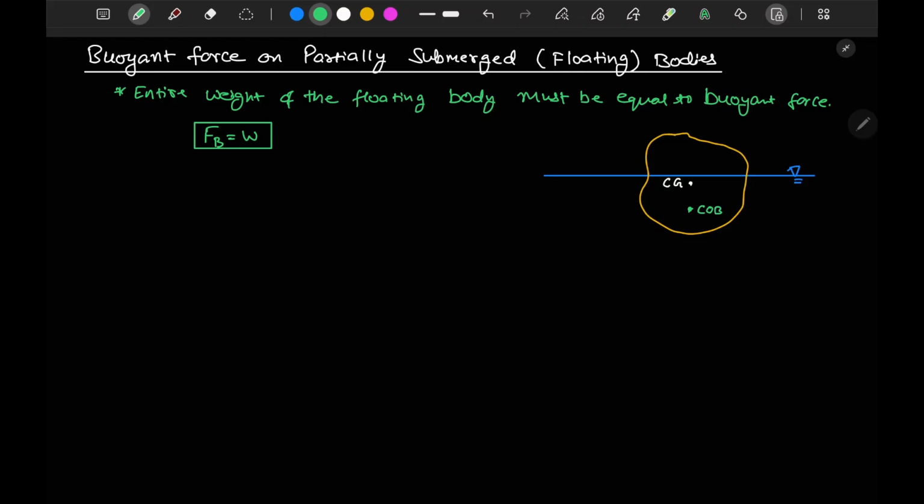At this place your buoyant force FB will act in upward direction, and the weight W will act in downward direction at CG. So from here we can say that weight is equal to FB for the system to be in equilibrium. In the last lecture we studied hydrostatic force.